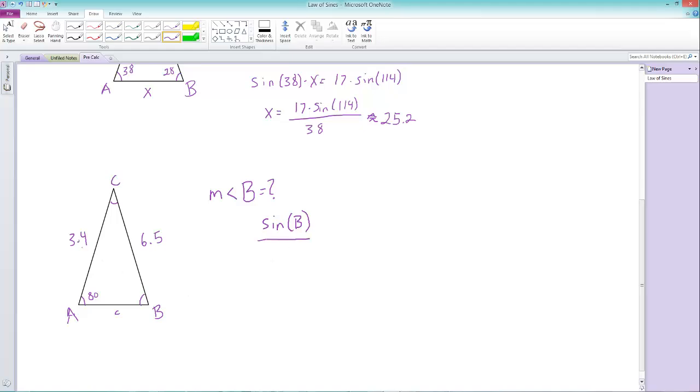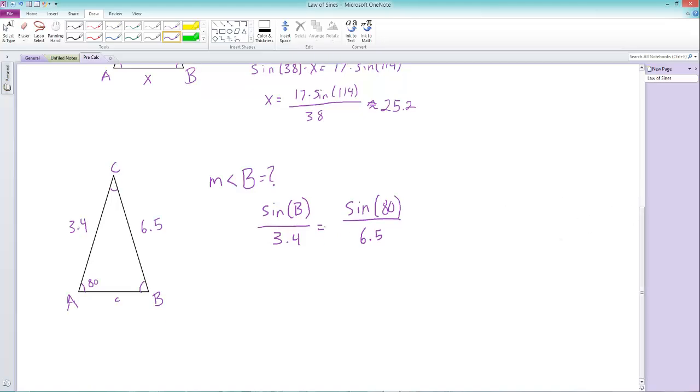And once again we will crisscross multiply, and I chose to use these formulas to make my cross multiplication a little bit easier. So it would be 6.5 times the sine of B is equal to 3.4 times the sine of 80.